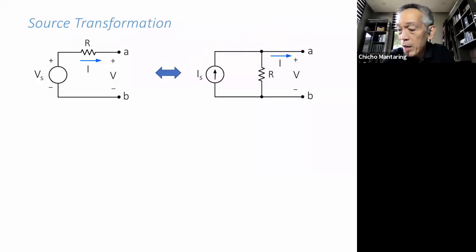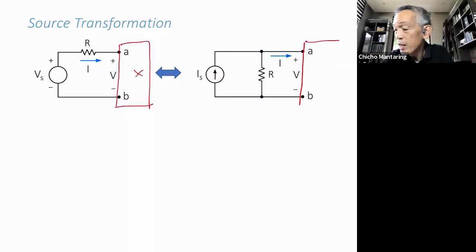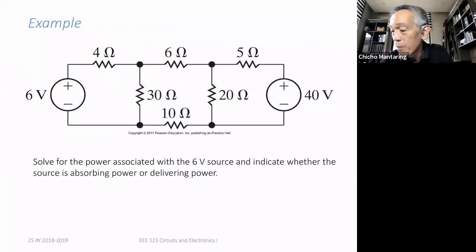Equivalent yung dalawa pag may kinabit ako rito, let's say I connect something here, let's call this X, and I connect the same thing here, X. From the point of view of X, hindi alam ni X kung ano yung nakakabit sa kanya. Kung equivalent yung dalawa, hindi alam ni X kung ito ba ang nakakabit sa kanya o ito ba. So yun yung gusto natin mangyari.